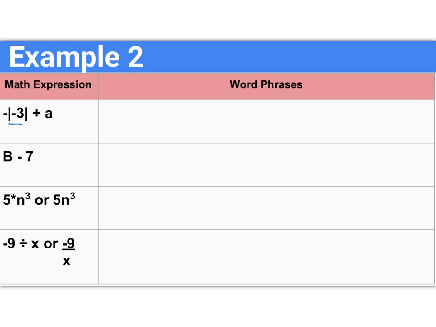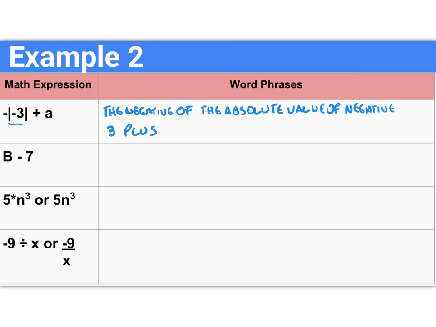So the negative or opposite of the absolute value of -3 plus a. That's a lot of negatives, but because I wrote the word negative twice, I want you to get that there's 2 negatives in this problem.